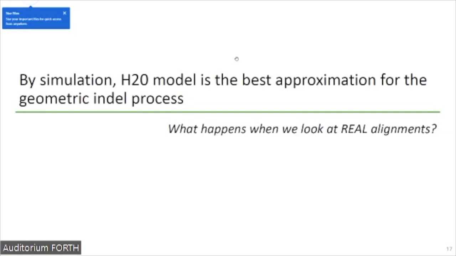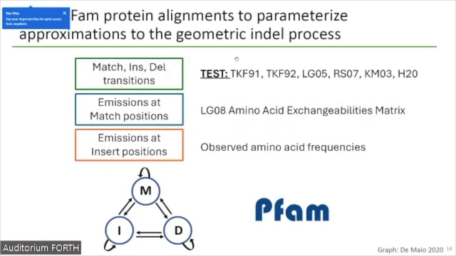That begs the question of what if we move from simulation to real alignments? I'm also going to move out of DNA space. All of my examples were in DNA space. I'm going to move to protein space, and I'm going to benchmark this series of Indel models on PFam alignments. I'm still working with this pair HMM framework.